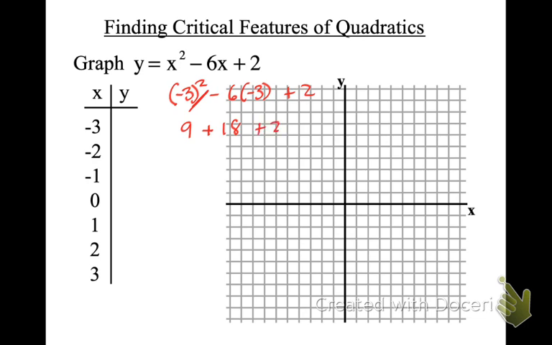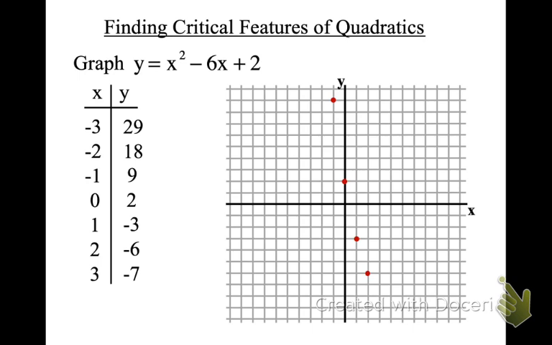That makes 27, 29. You can try the same thing with negative 2 squared minus 6 times negative 2 plus 2, that makes 4, plus 12, plus 2, that's 16, that's 18. Okay, and we're going to keep doing that if we want. That takes a lot of time.